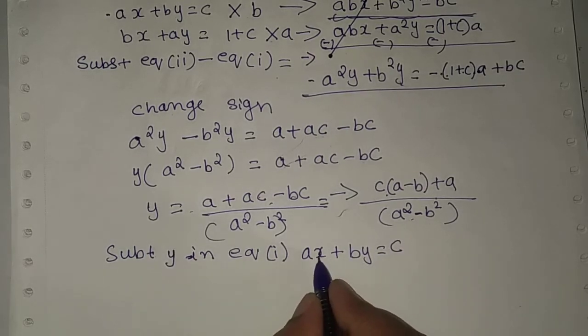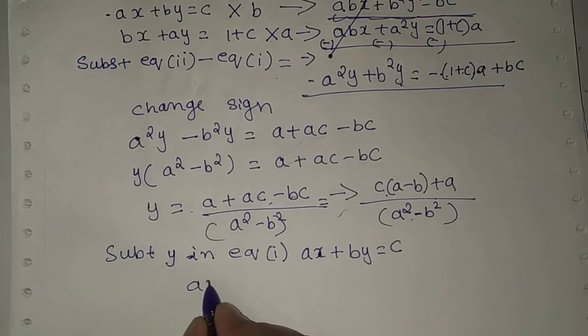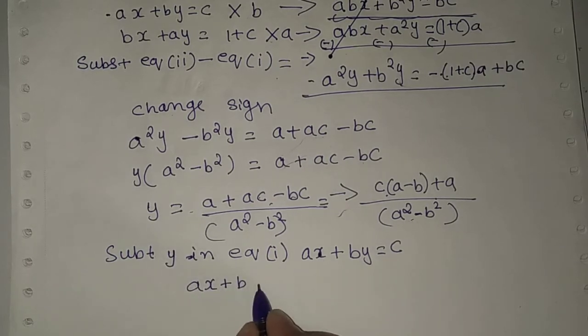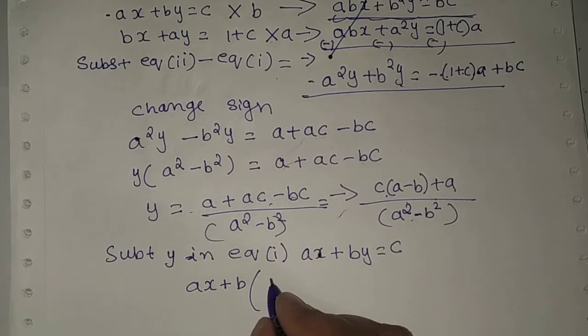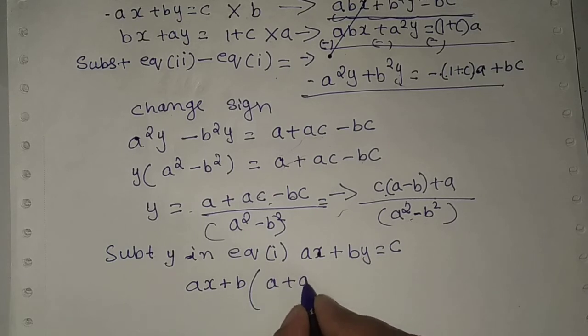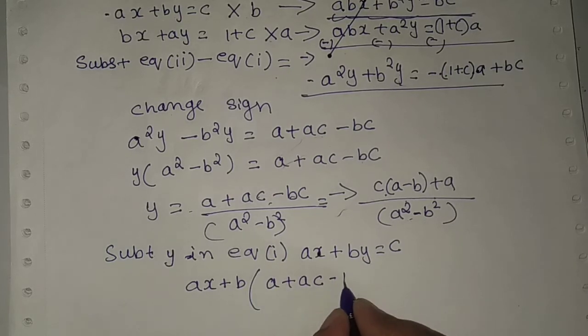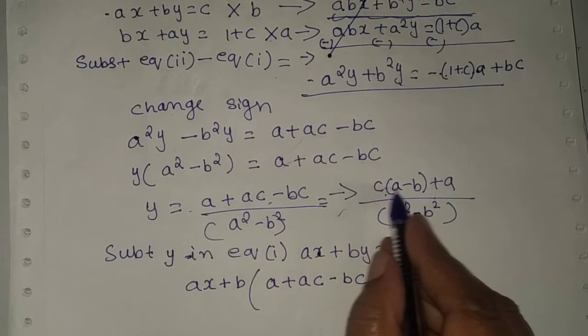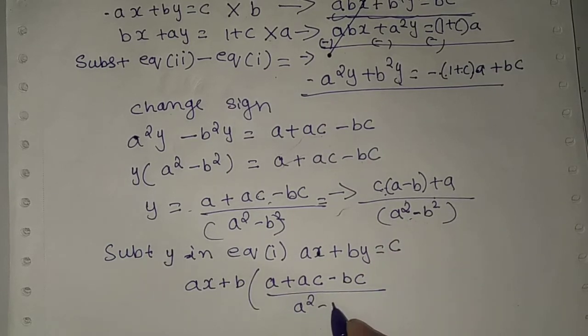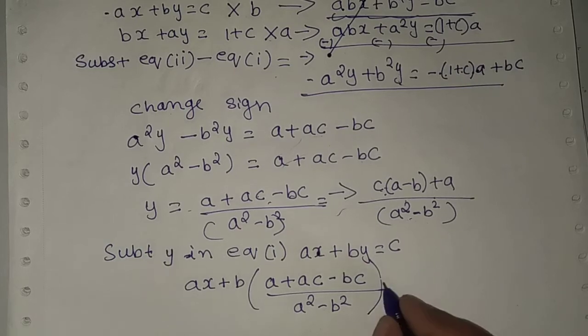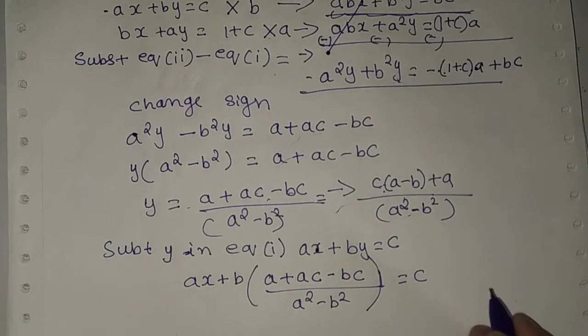Therefore keep ax plus b into y. Substitute the whole thing here, that is, we can expand and write ac minus bc. This one brings a inside the bracket and write. Then we get a square minus b square in the denominator, which is equal to c.